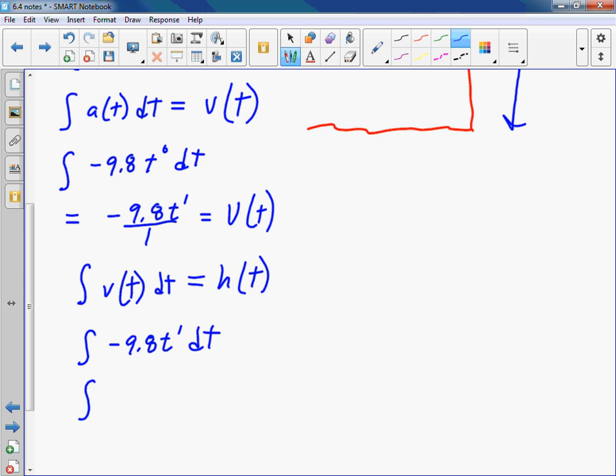That equals negative 9.8 t squared over 2. And that equals negative 4.9 t squared.